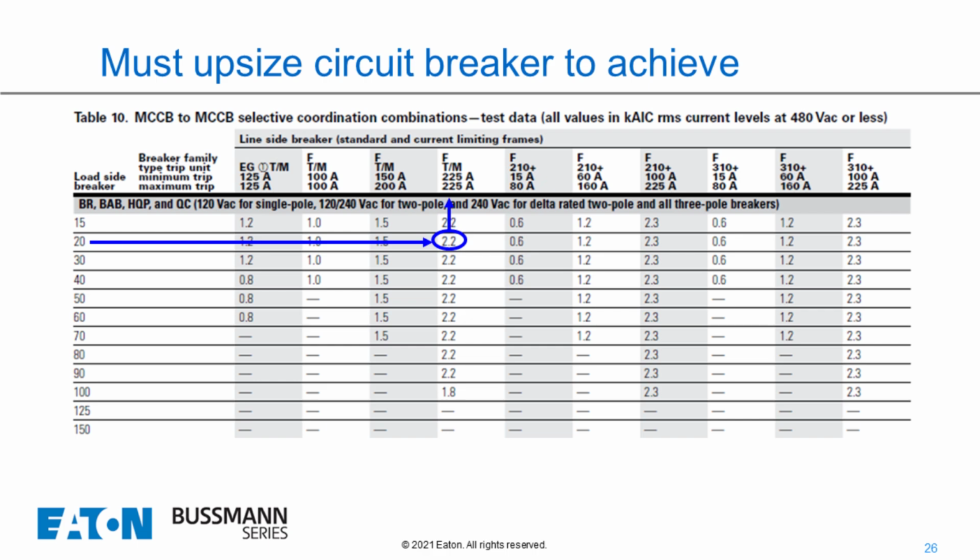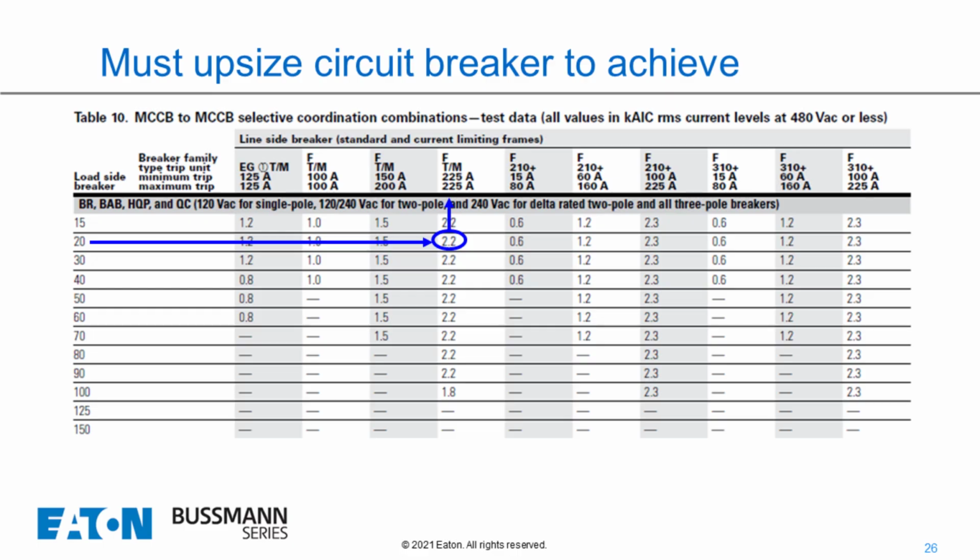But now we have to go to a 225 amp circuit breaker. So if we go to a 225 from 150, guess what? We got to jump up our cable size to feed that 20 amp breaker panel that we're going to be using. So we have to jump to a 225 amp FD breaker instead of using the 150 amp FD breaker.